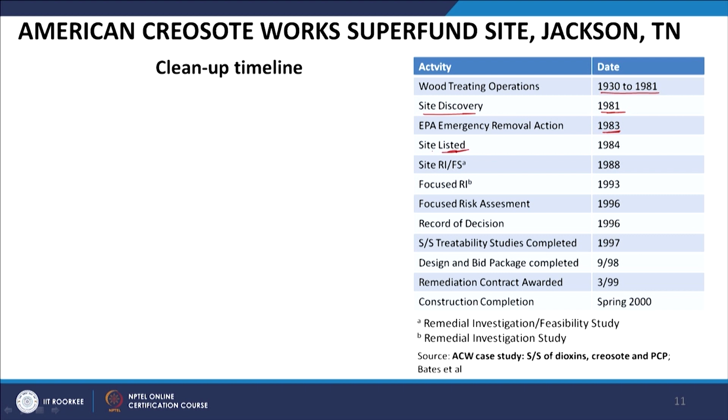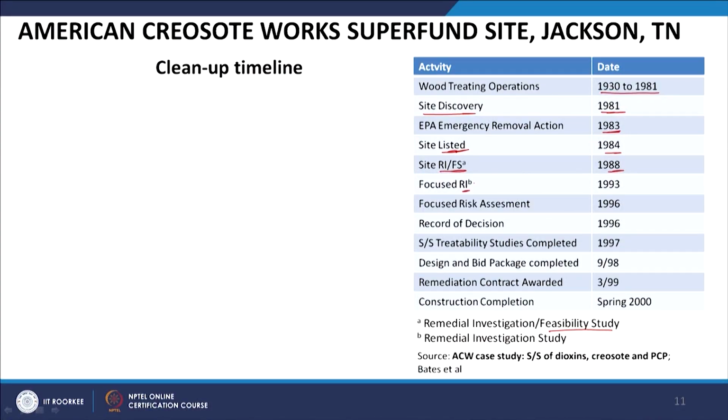The site was listed, I guess, as a Superfund site in 1984. Then the initial site investigation, or remedial investigation, pardon me, and feasibility study. Correct myself there, a preliminary remedial investigation and feasibility study was done, and this is something that we discussed earlier, as in we obviously need to understand what the relevant aspects involved here are. And here obviously a focused remedial investigation, once you have some data from here.